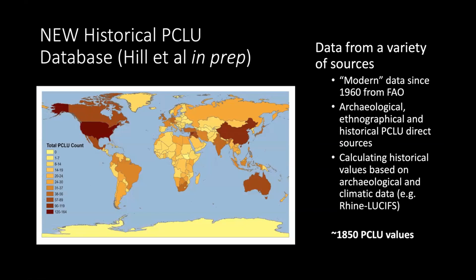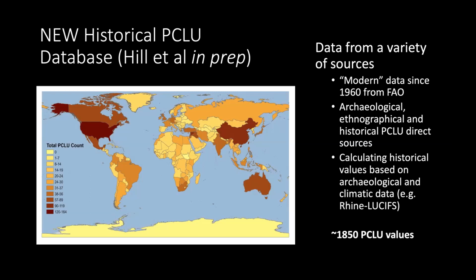So we're building this from a variety of sources. We have modern data since 1960 from the FAO, and this is primarily what the ALCC models use now. But then also building from archaeological sources, ethnographic sources, and published PCLU information, or from which PCLU information can be derived, and then calculating historical values, also pulling in data from other projects based on archaeological and climatic data, like the Rhine LULCC data.